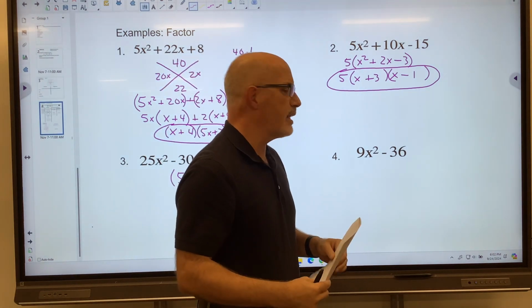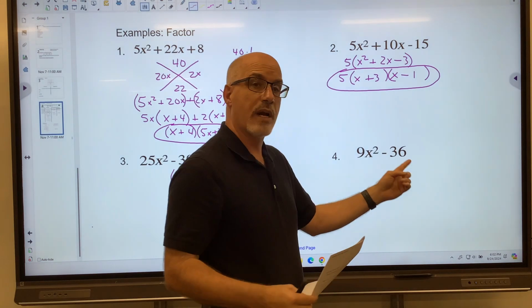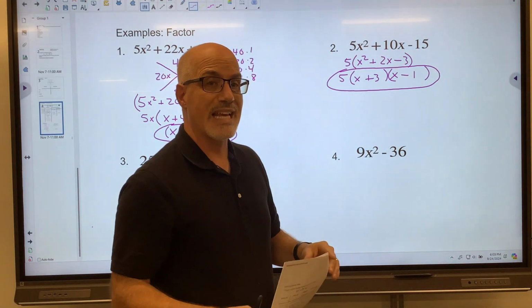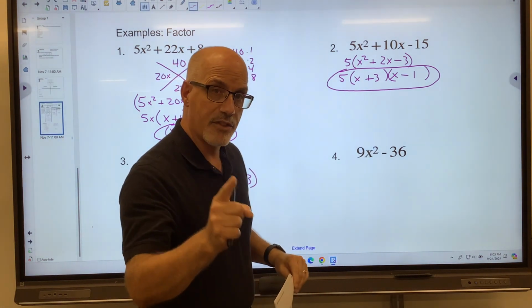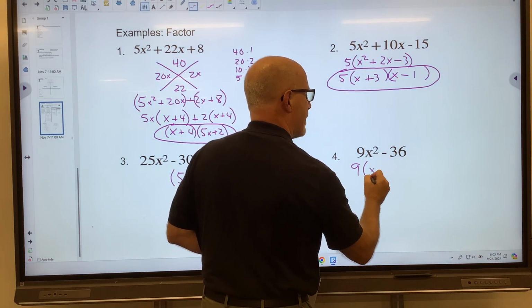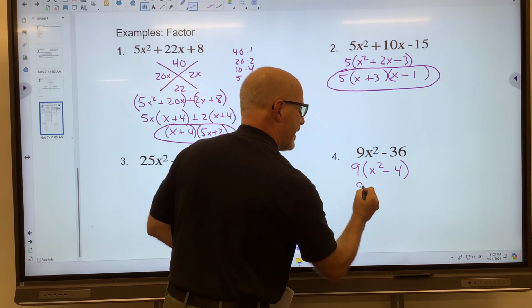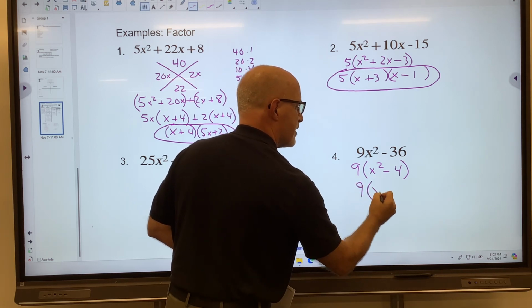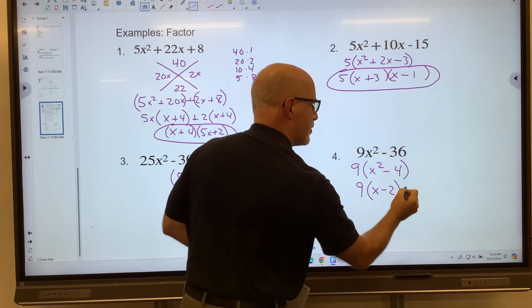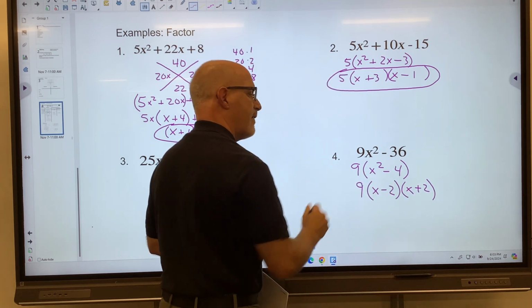Now we look at this one again. If you jump too soon, say, hey, difference of two squares, you forget that there is a common factor. Take out the greatest common factor first. So we're going to take out the 9 and make this x squared minus 4. And then we go ahead and factor the x squared minus 4 as the difference of two squares. So x minus 2 and x plus 2 when you factor it.